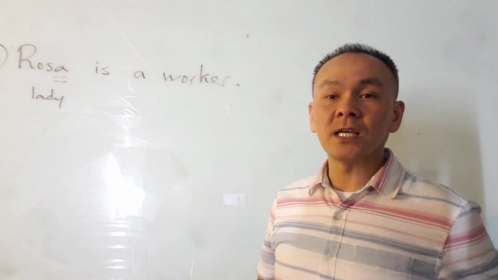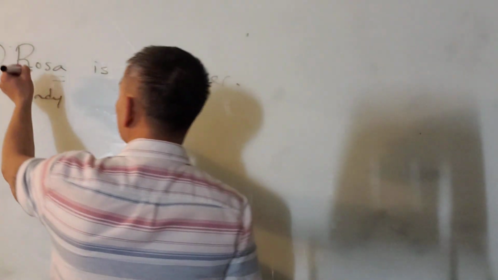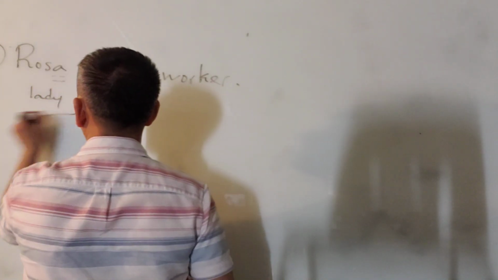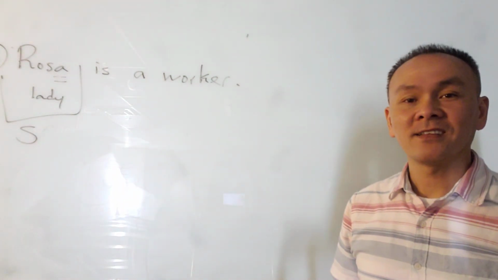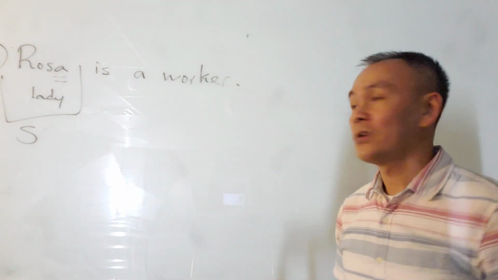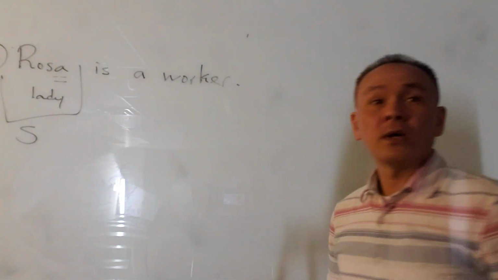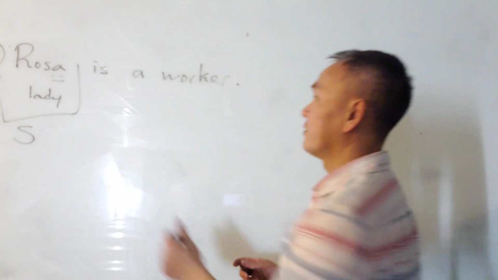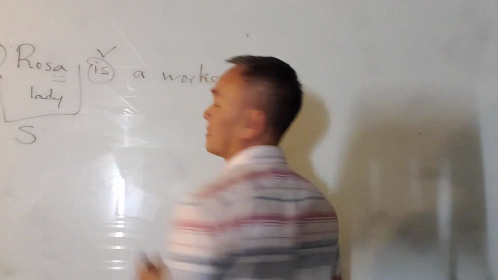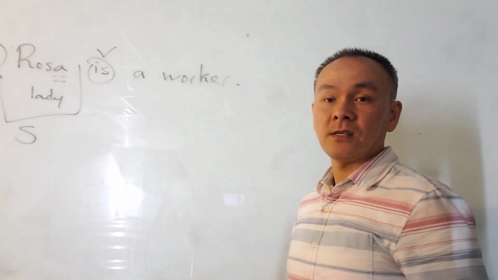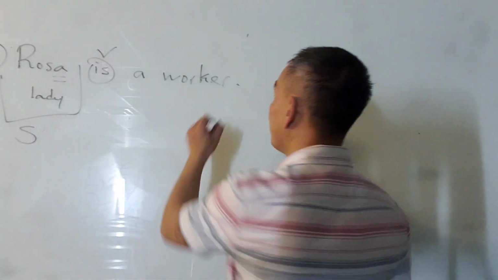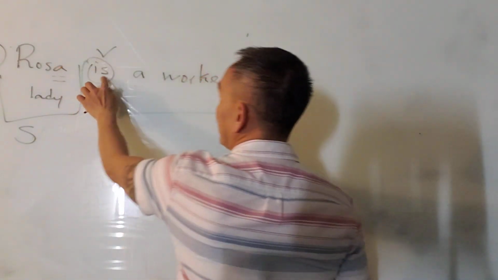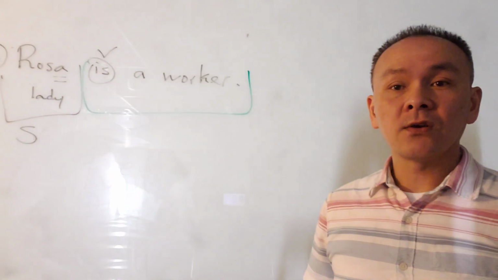So who is the subject? Okay, so if you say the subject is Rosa, then you are correct. Now, what is the verb? The verb is. Then you are correct. What is the predicate? So if you say the predicate is a worker, then you are correct.